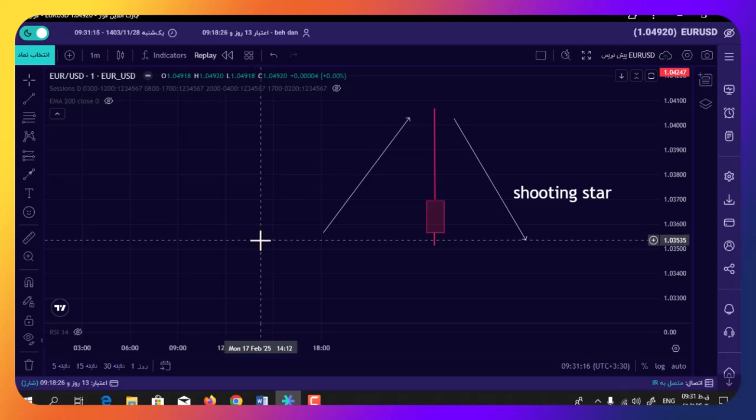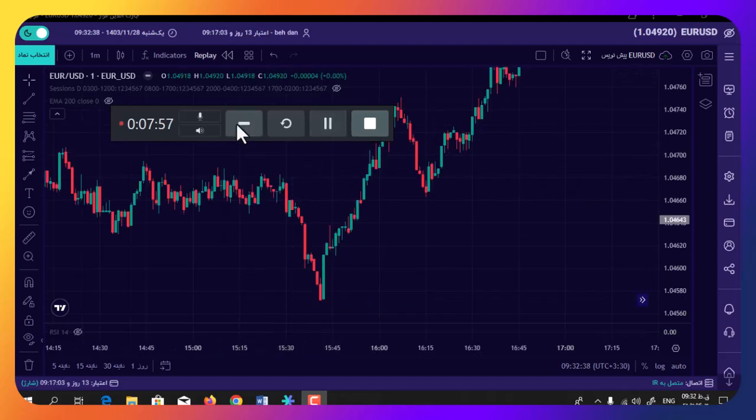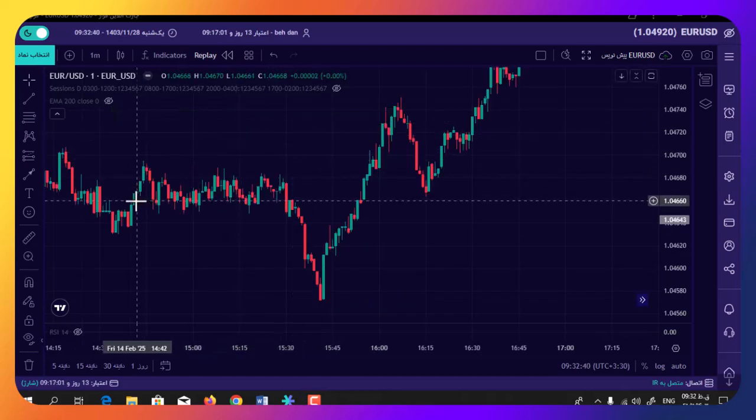Let's look at some examples. Static resistance example.